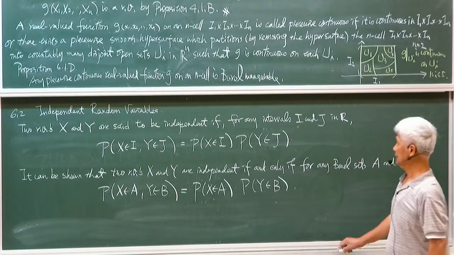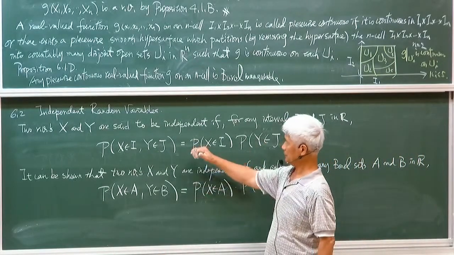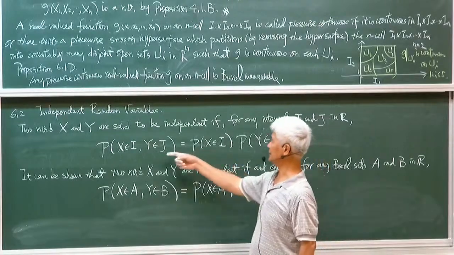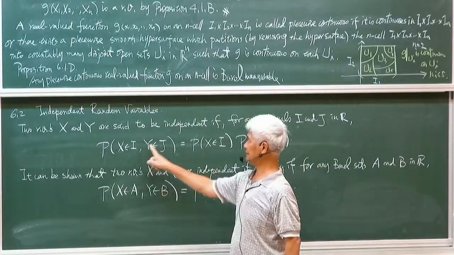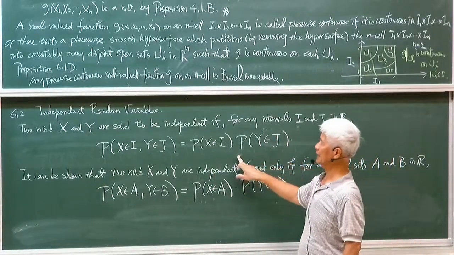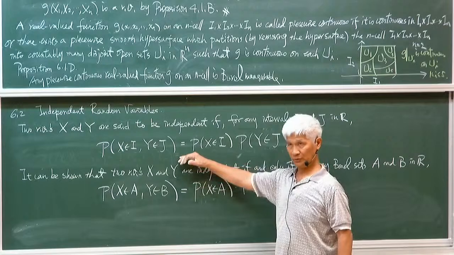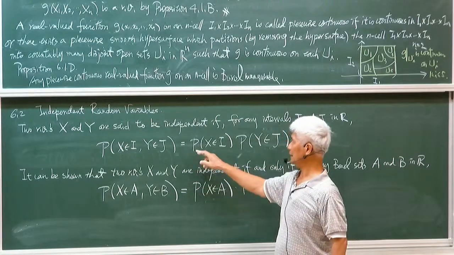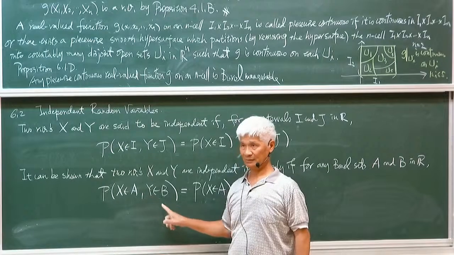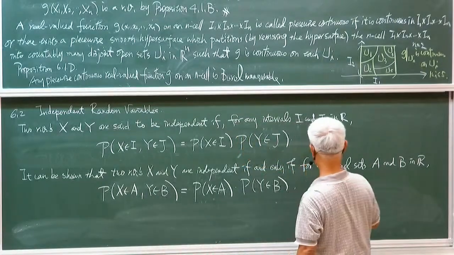So the interval definition is much easier to check, right? Because we just need to check for intervals. And the statement here says that if this is true, then the same identity is true for arbitrary Borel sets.